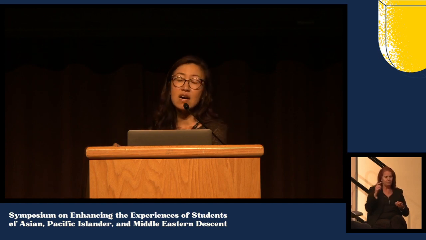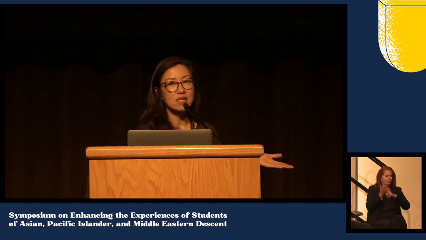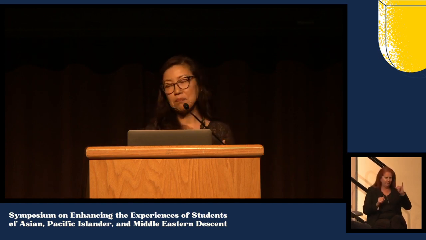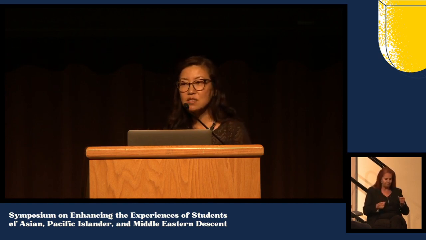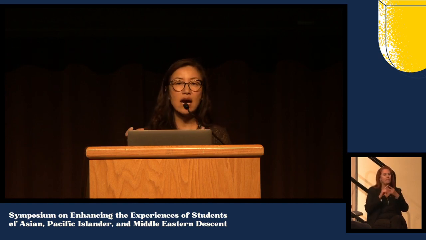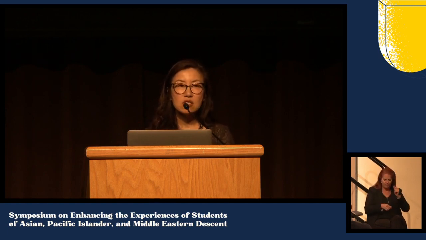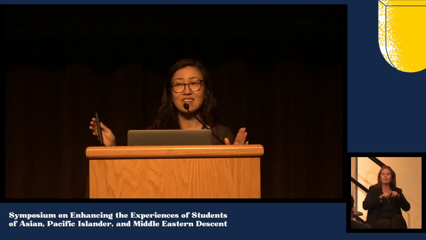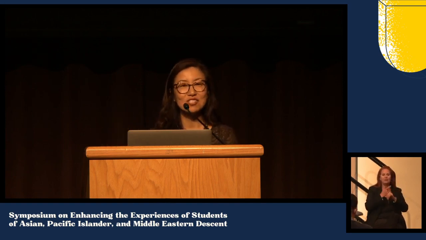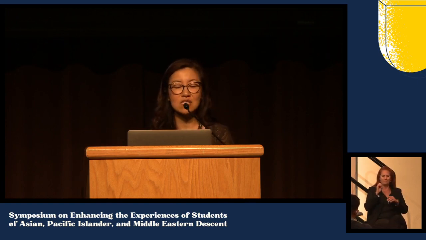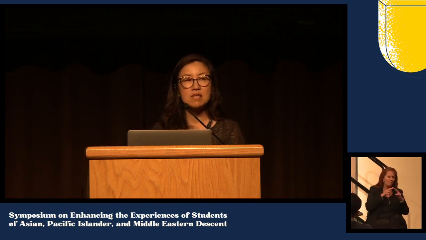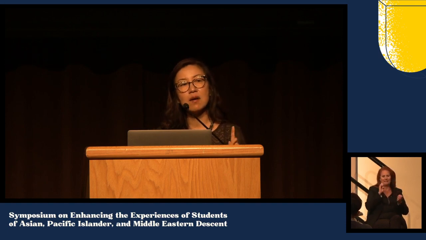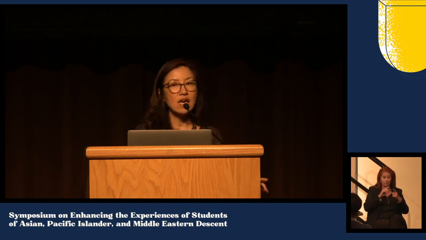And you'll see that there's not a lot of research compared to the API populations. So we're invisible in one sense, but we're also hyper-visible when it comes to some of the threats we just talked about earlier. Especially post 9/11, and depending on the international geopolitical conditions and who we're at war with, we've seen various assaults against Middle Eastern students, and not even just Middle Eastern, but South Asian.